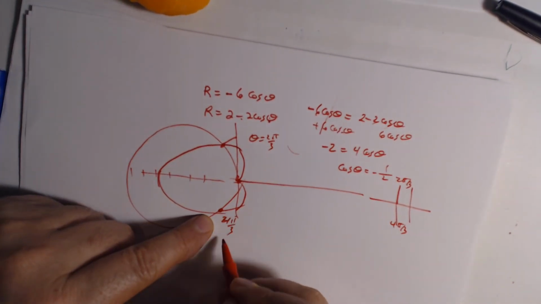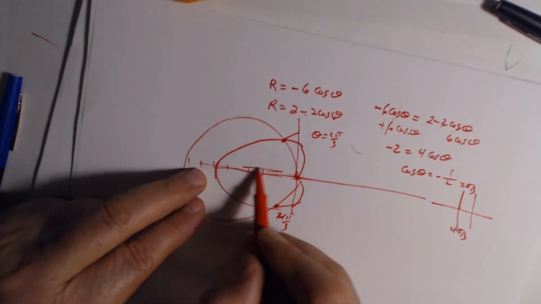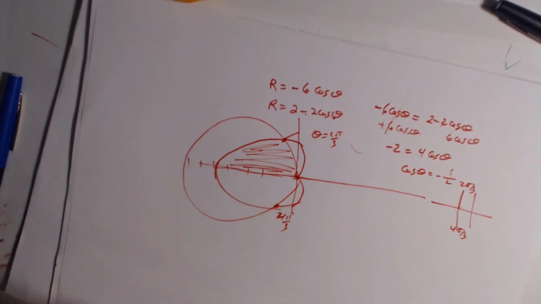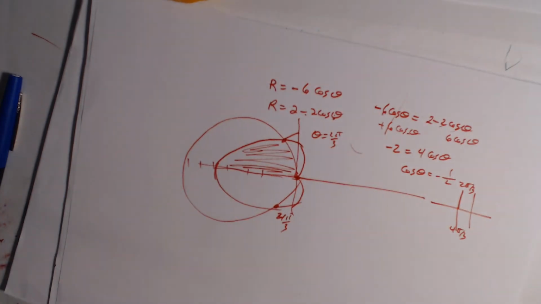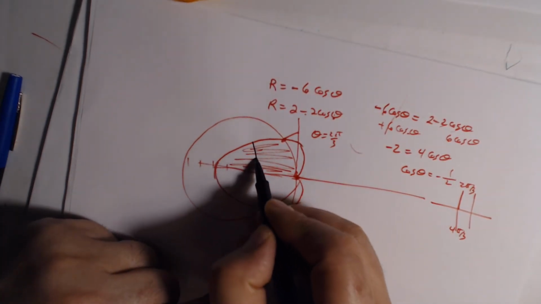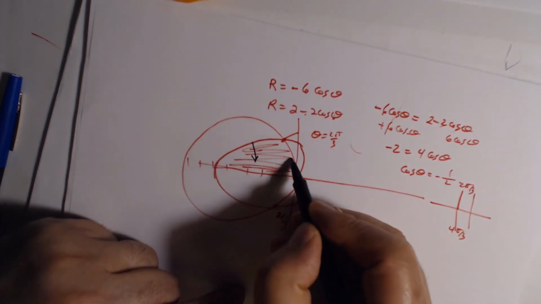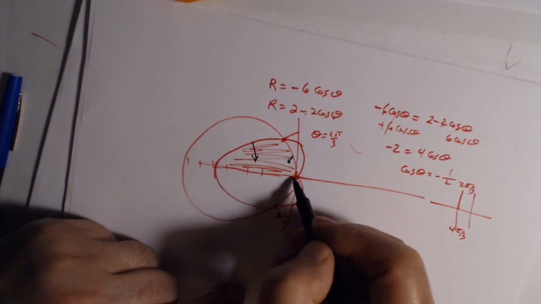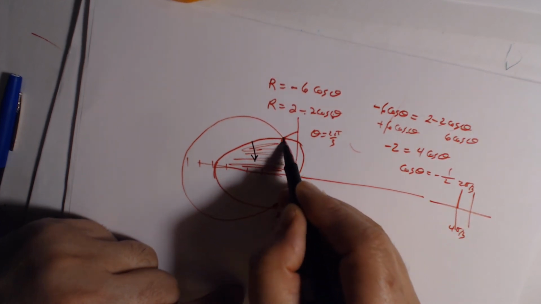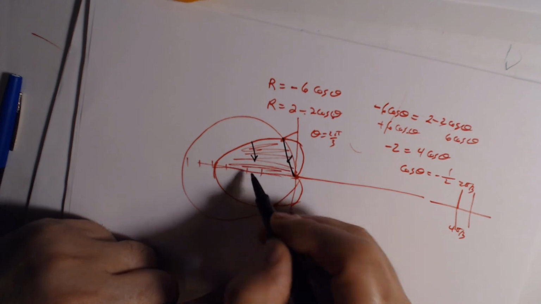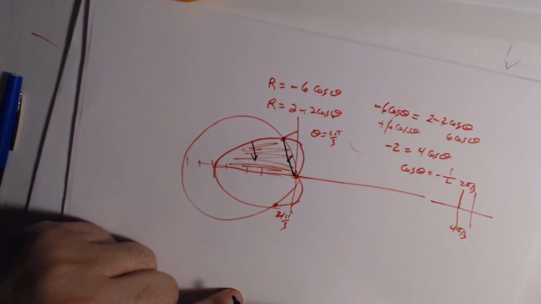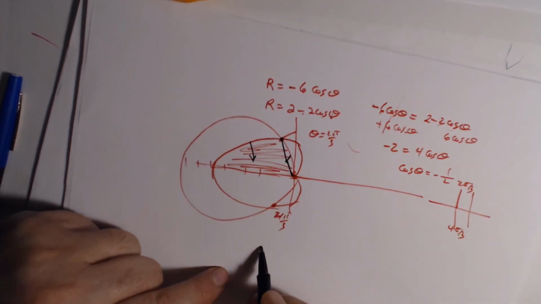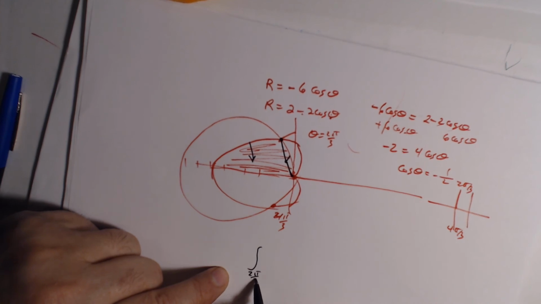The region, I want to take that region, but please remember, that region has two pieces. Part of it is under the cardioid, part of it is under the circle. I have to separate those. That's the part under the circle, that's the part under the cardioid. What is that point? That point, the angle is 2 pi over 3.